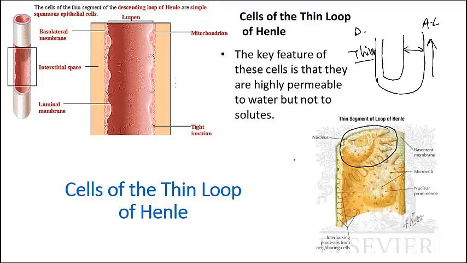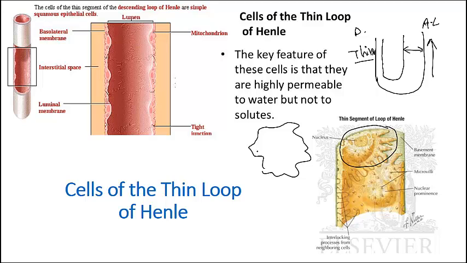Squamous epithelial cells are present in many parts of our body. It's the simplest form of epithelial cells, just like the scale of a fish. This is the structure. And these cells lack brush borders, which reduces their surface area for reabsorption. So these cells continue to be permeable to water.